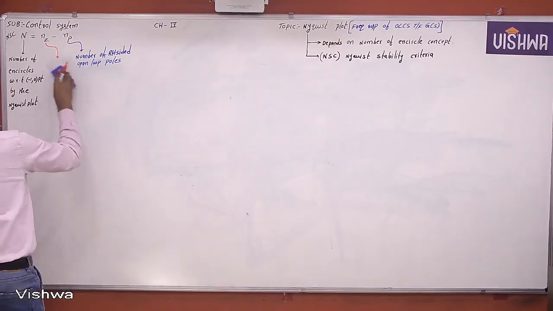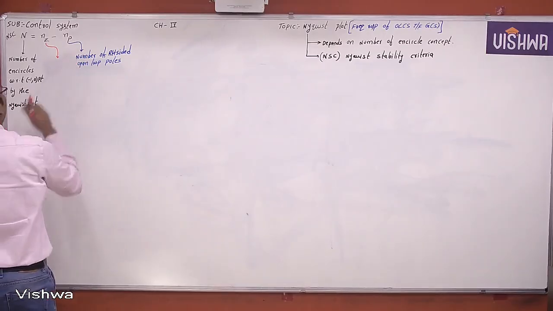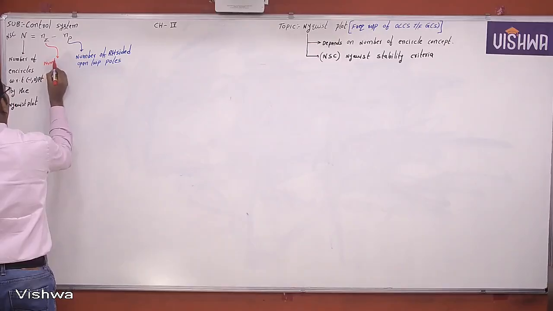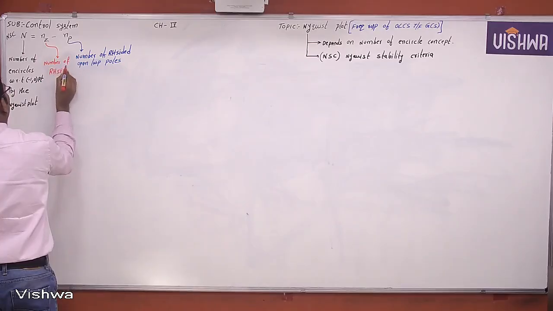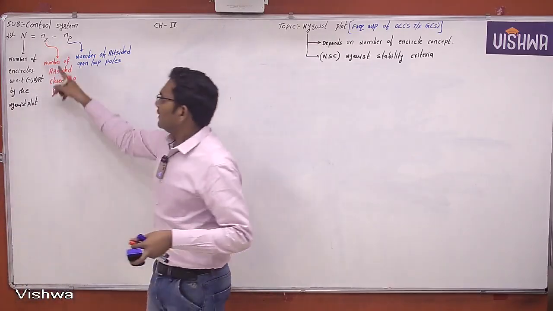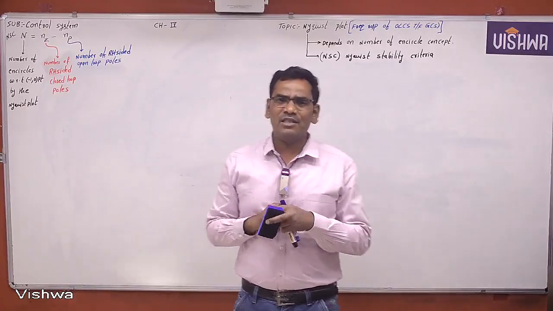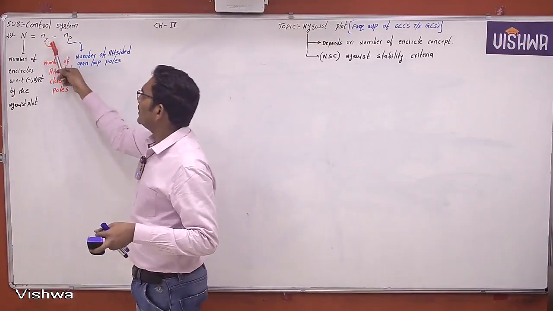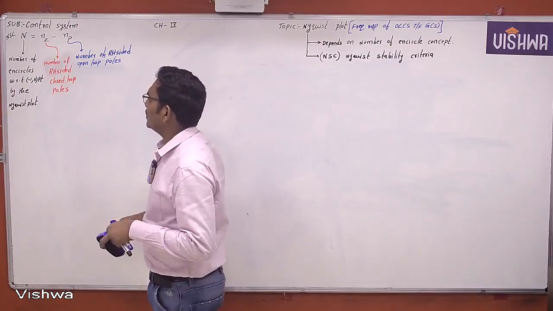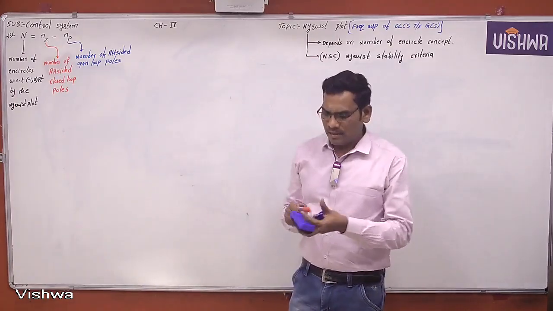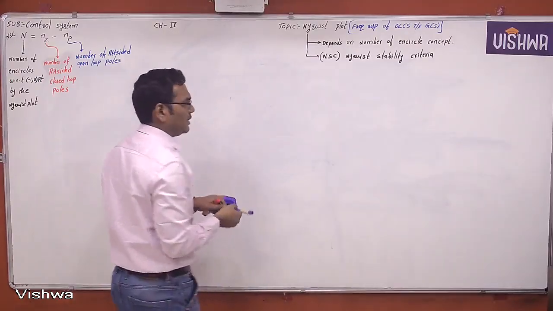NZ is the number of right hand sided closed loop poles. Now what is NZ? NZ is the number of right hand sided closed loop poles. Sir, Z means zeros, but you are saying here NZ is the number of right hand sided closed loop poles. Now how, sir, are these two related? Now that's what I am giving one small example. You just listen carefully, okay?